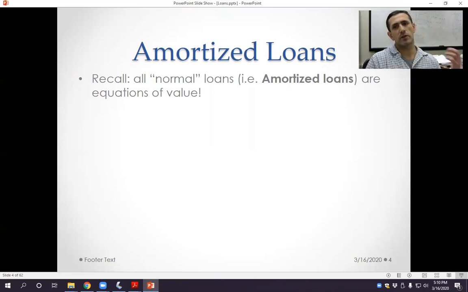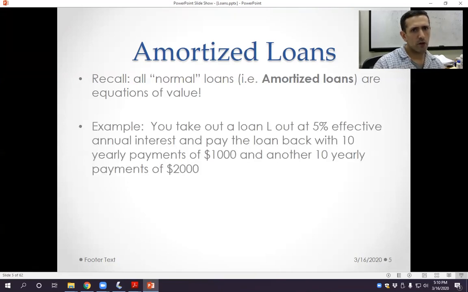You have to pay all of it back, not some of it. Unless I state otherwise, all loans in this course are going to be an equation of value. You get money, you have to pay that money back, and you have to pay that money back with time value.